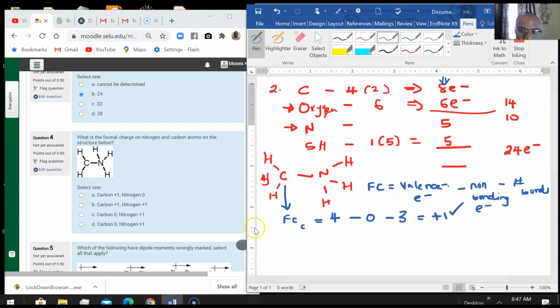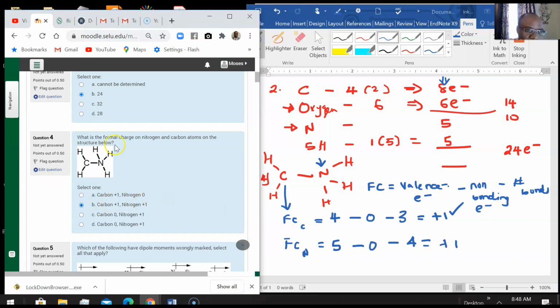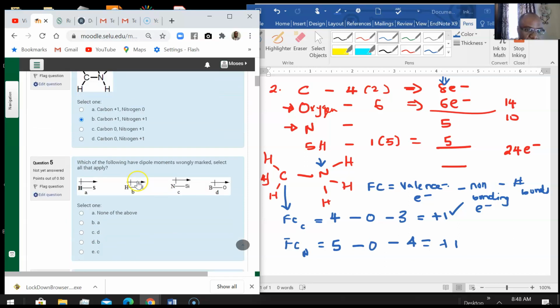Do the same thing for nitrogen. The valency of nitrogen is 5 on the periodic table, there are no non-bonding electrons, and then there are 4 bonds around the nitrogen, so it's +1. So both of them are positive. Unlikely, but that would have been the answer.